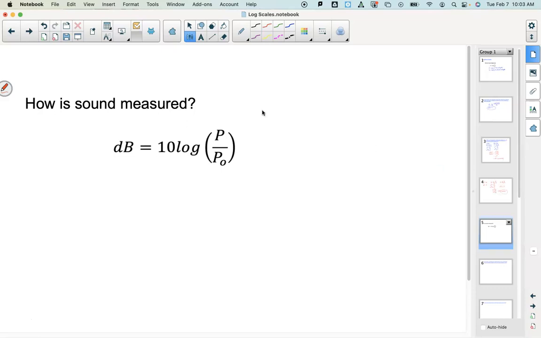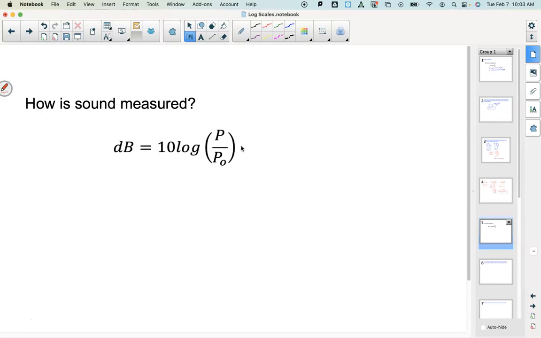I don't have any examples on the pH scale, but let's talk about sound. So decibels, you're probably familiar with hearing that when it comes to music or sound recordings. Decibels is a logarithmic scale to describe how loud things are based on their intensity.